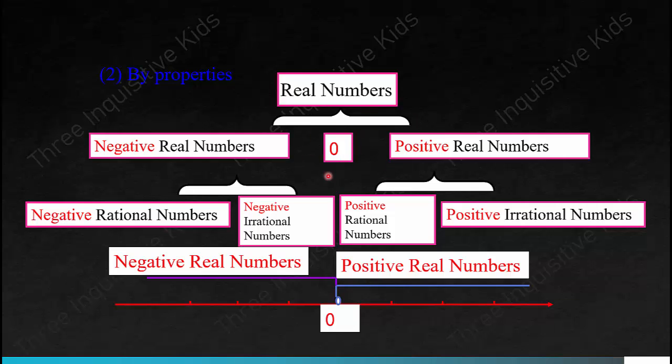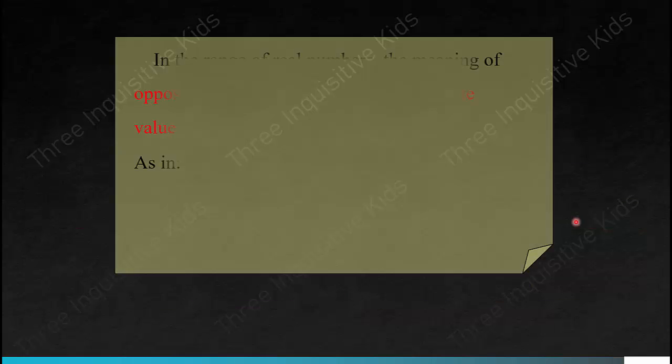Oh, besides there's 0, so 0 just contains itself. This is the exact graph I just drew. Negative real numbers can be split into negative rational numbers and negative irrational numbers. Over here it's positive real numbers, positive rational numbers and positive irrational numbers. So this is actually building on top of what we just had on the last slide.